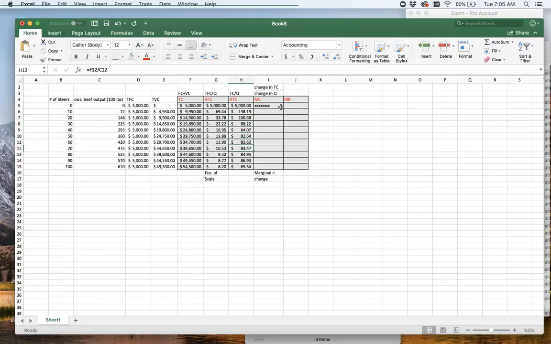But then look what happens. Somehow, at some point, when we start to try to produce more and more, our variable costs increase at a higher rate. Remember, fixed cost is flat, but our variable costs start increasing. And so you end up with costs that no longer go down. They start to go up. And so we can see those go to 84, 86, and 89.